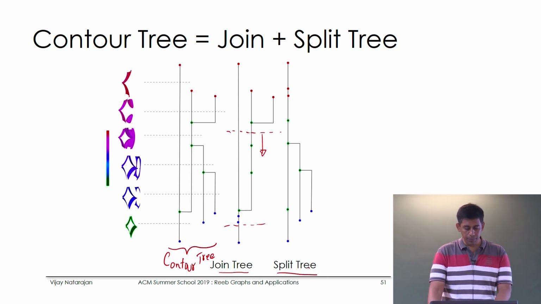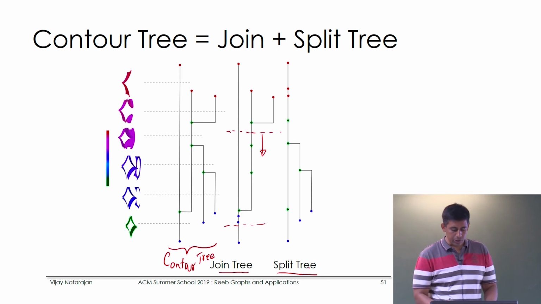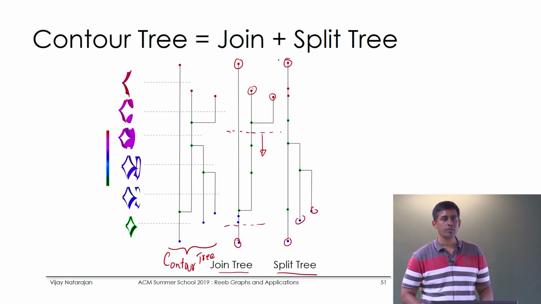So, clearly the join tree contains all the maxima, and it contains only one minimum, which is the global minimum. The same way the split tree contains all minima and the one global maximum.